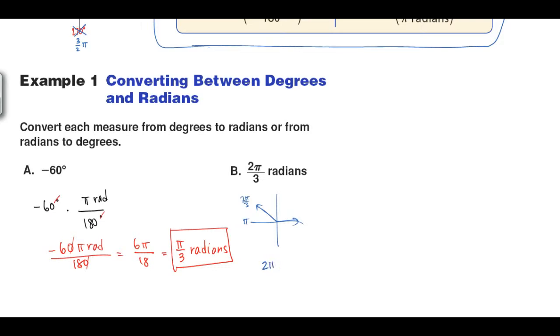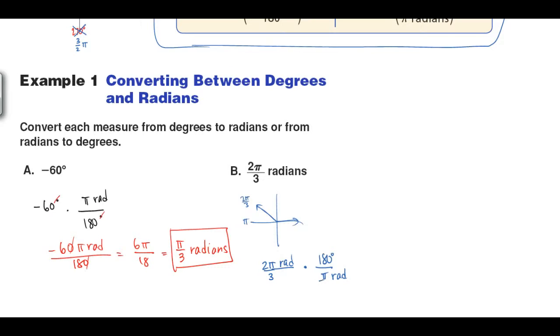You take your 2 pi over 3 radians. I guess I should put the word radians in here. And you multiply it by 1. And so I need radians this time on the bottom. And I need a conversion that's legit. Can only multiply by a 1. Can't change the value any. And I happen to know that 180 degrees is pi radians. By the way, you could use 360 and 2 pi if you wanted. It wouldn't matter.